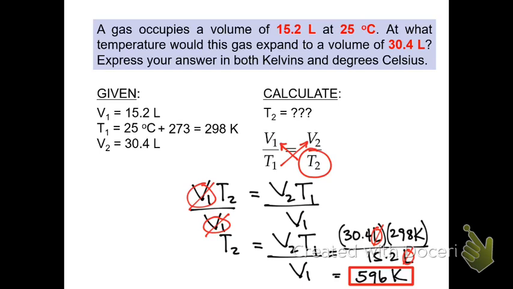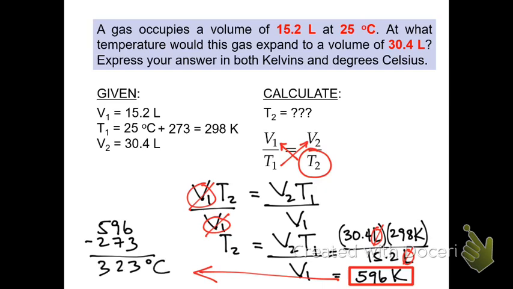All right, and so to convert this to degrees Celsius, all you have to do is subtract 273. So 596 minus 273, and we get 323 degrees Celsius.